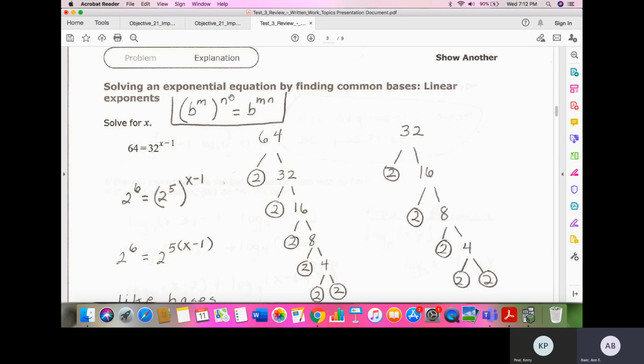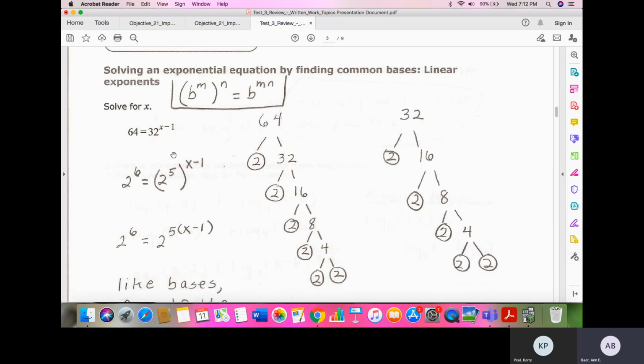Could be the same power, actually. If we have a power raised to a power, we write down the base and multiply those exponents together. But we have to make sure we can write it in this form where we have parentheses around the b to the power, and then all of that is raised to a power.